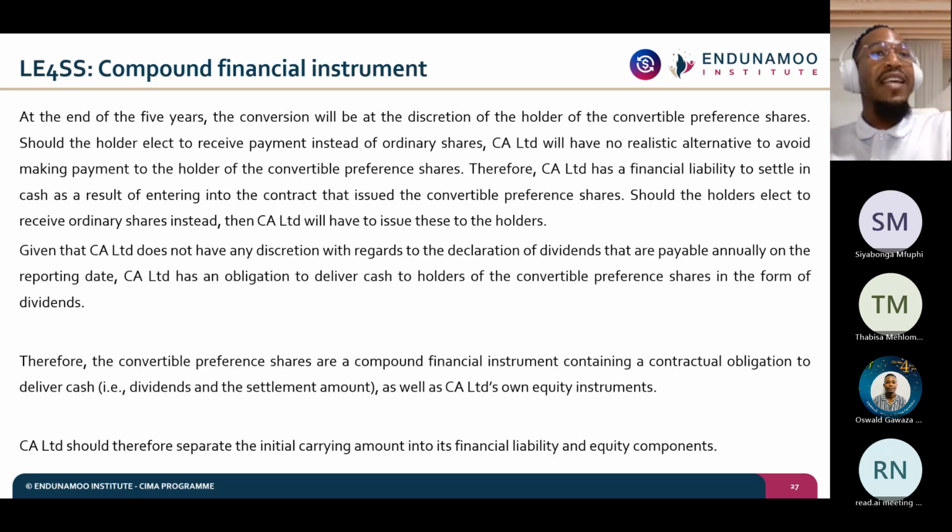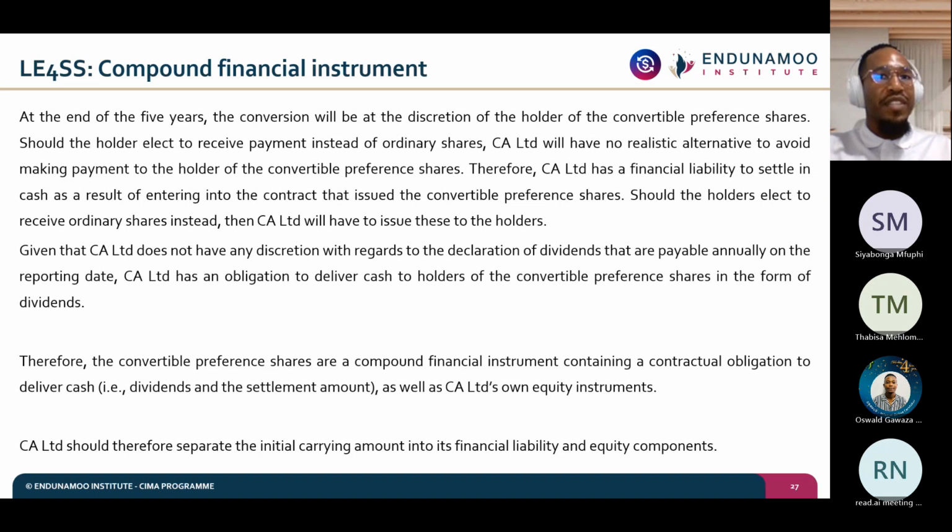Given as well that CA Limited doesn't have discretion with regards to the declaration of dividends that are payable annually on the reporting date, this means that CA Limited has an obligation to deliver cash to the holders of the convertible preference shares in the form of dividends. So there is an obligation to pay dividends. There's also an obligation to pay the par value at the end of the 5 years. But there's also the element where the holder can elect to receive shares instead.